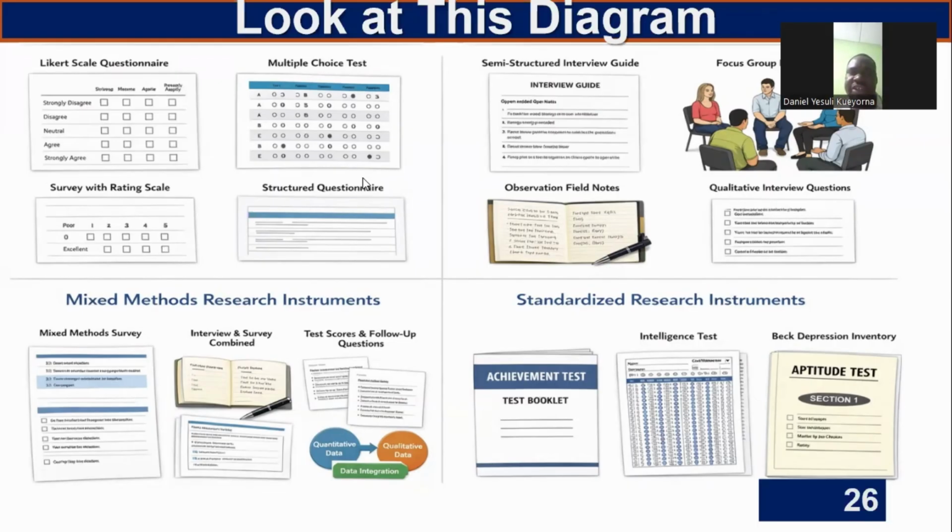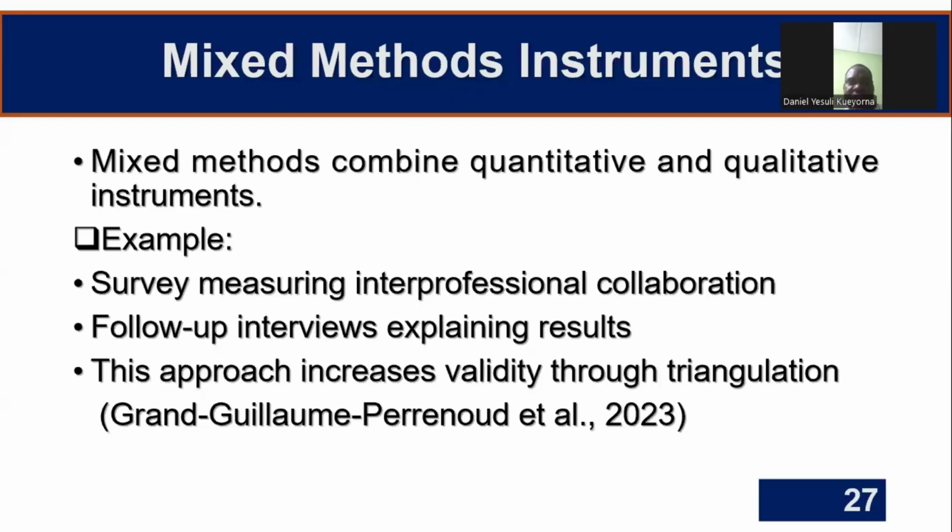We also have structured interview. We have observation field notes. We have achievement test scores. We also have qualitative interview questions. We have focus group discussions, and what have you. These are all samples that we use in our research instrument. To proceed, next slide, please.